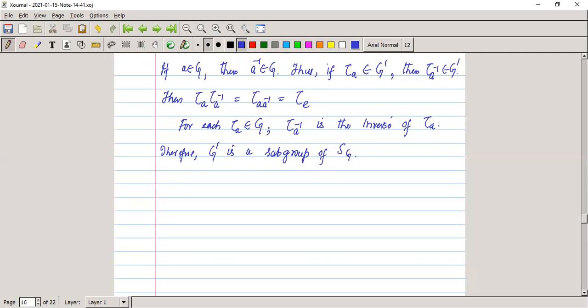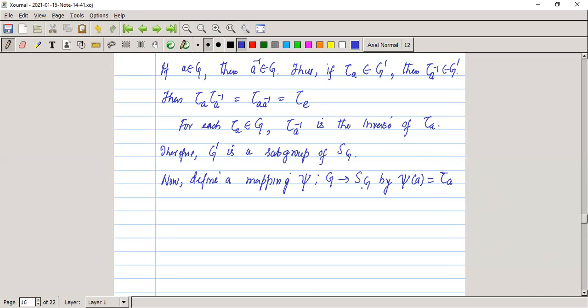Now we will show that G is isomorphic to G dash. Now define a mapping psi from G into S_G by psi of a is equal to tau_a.